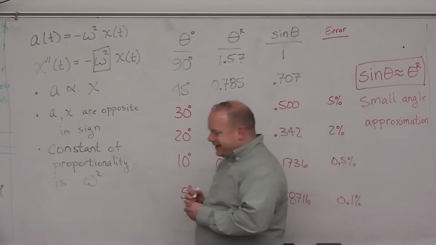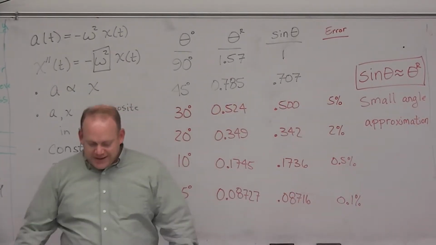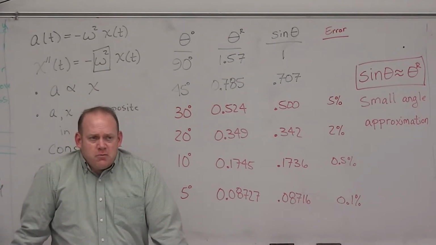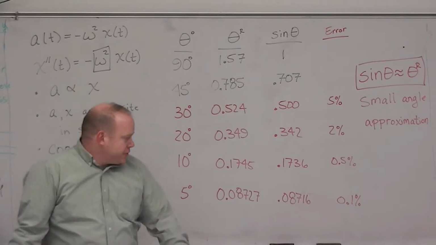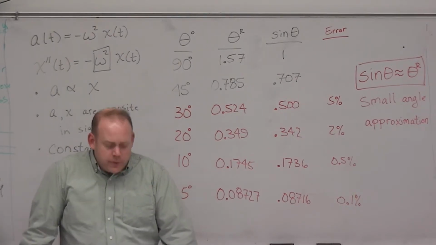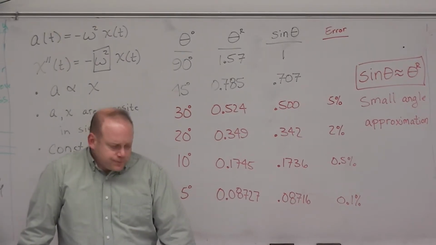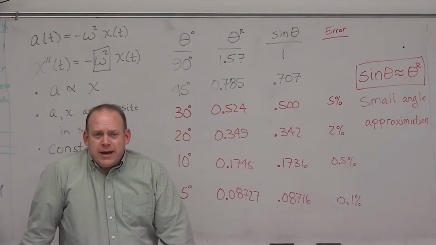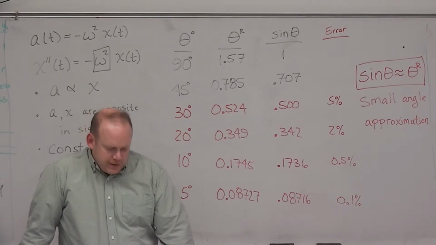Those of you in BC Calc will definitely prove that, okay? We don't have to prove it, we're just using a functional proof of it. It has to do with what's called a Taylor series or a Maclaurin series. And we get to a very good approximation. Now, we can even make it better, but for our purposes, that's good enough.